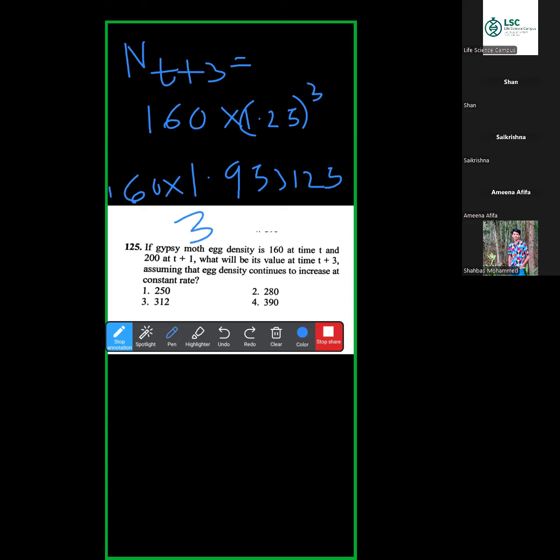So we will get 312.5. That is, option 3 is the right answer. Is it clear?